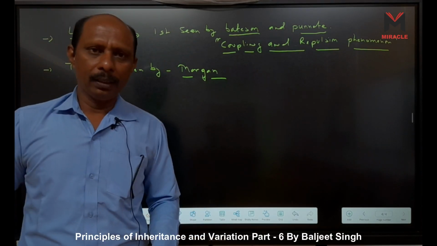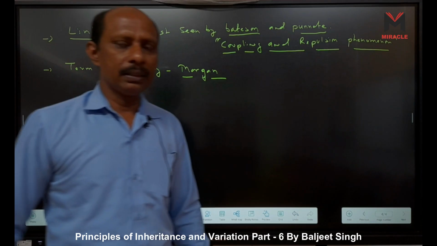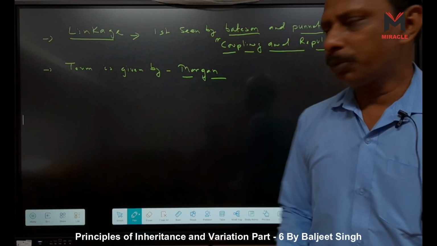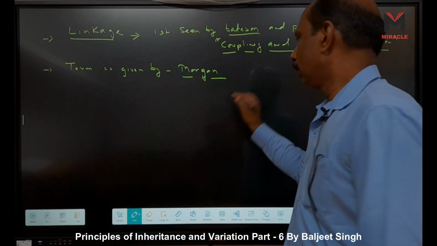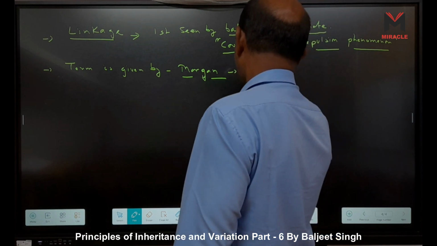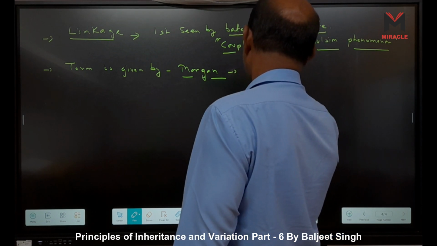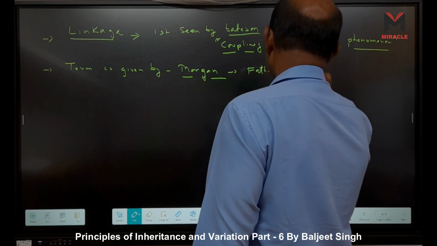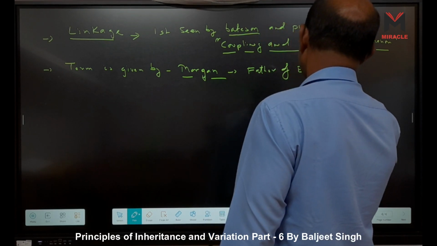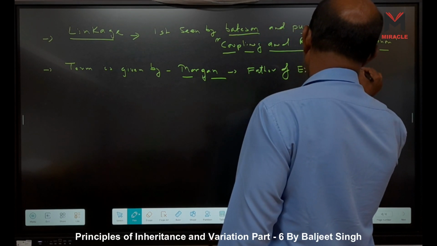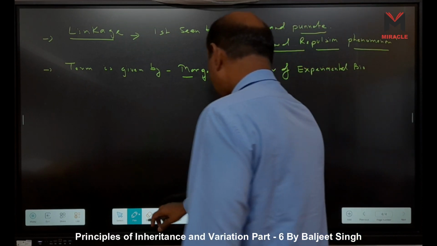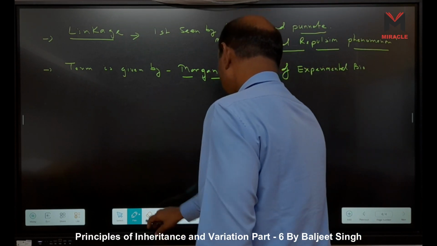Crossing over and sex-linked inheritance, all these terms were given by Morgan. So Morgan is also called the father of experimental genetics, not biology, but genetics.